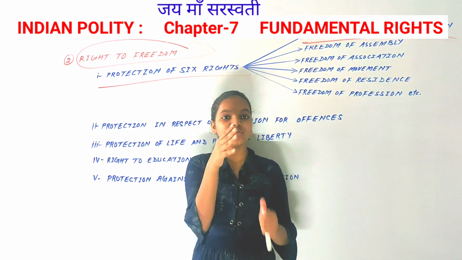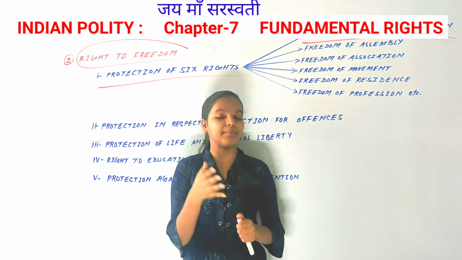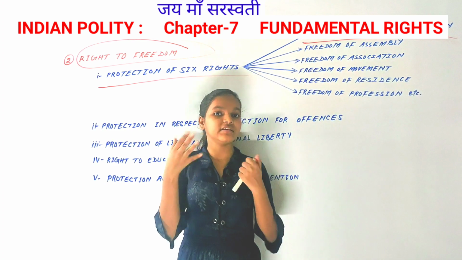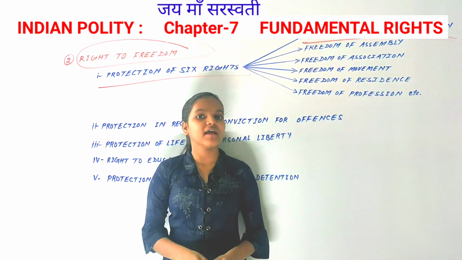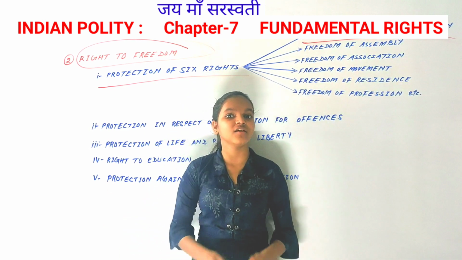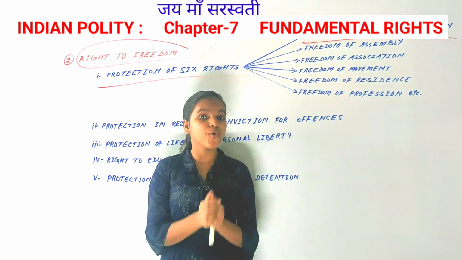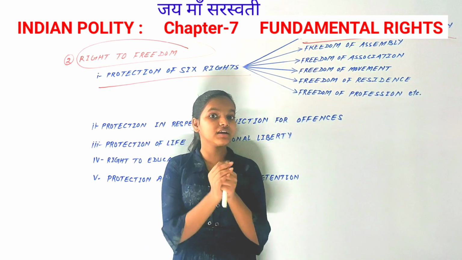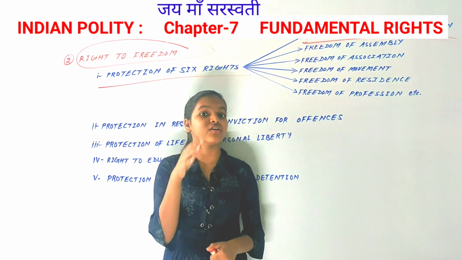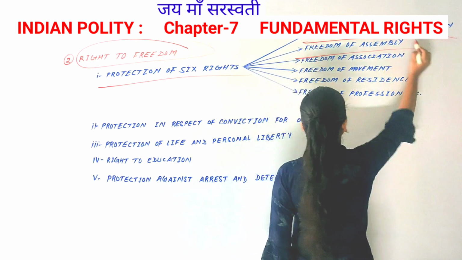Those reasonable restrictions are defamation, incitement, contempt of court, sovereignty and integrity of India, and morality. These are the only reasonable restrictions, not any other. And second is freedom of assembly.